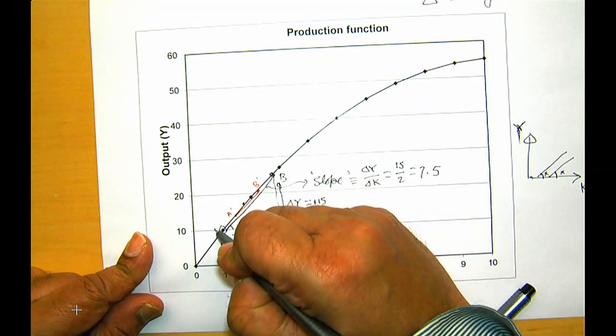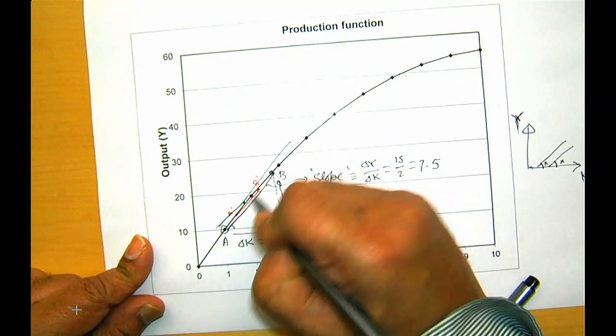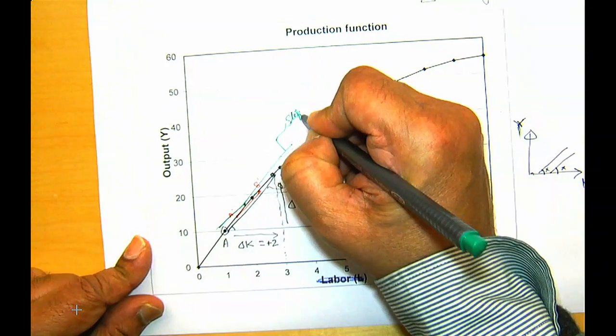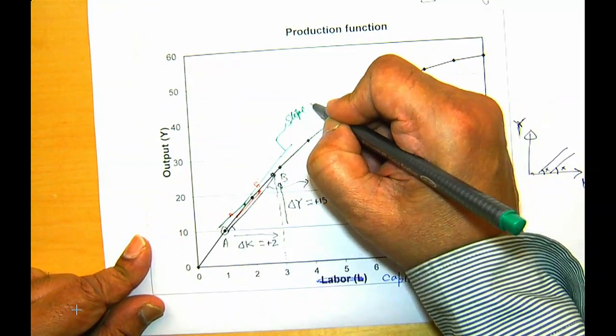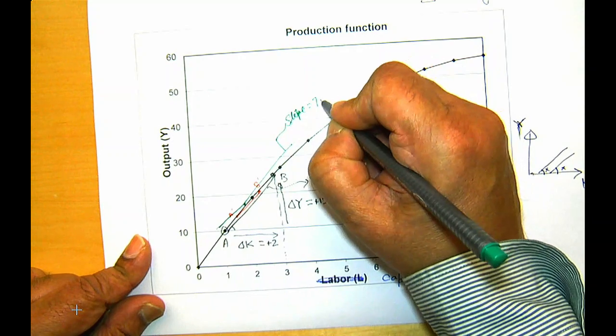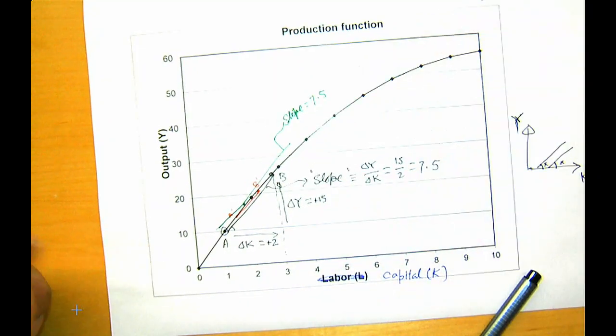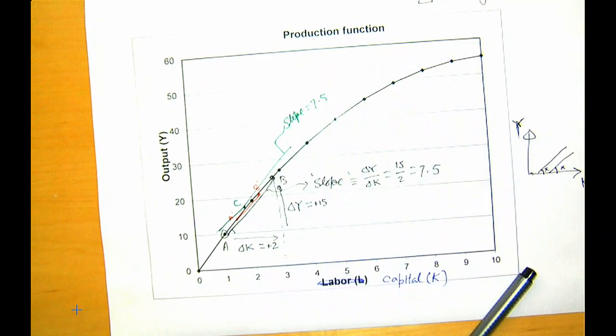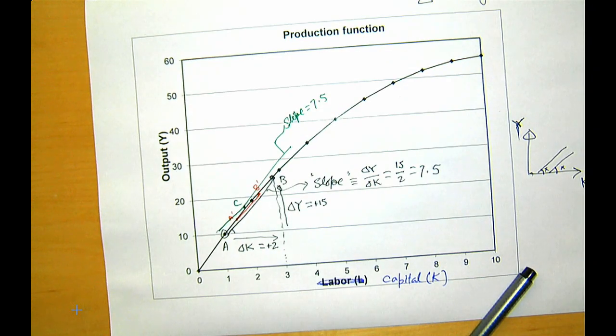When it touches, it becomes parallel to that line AB. So this slope will still be 7.5. Now, let's call that point C. The slope of this production function at point C is 7.5, right?